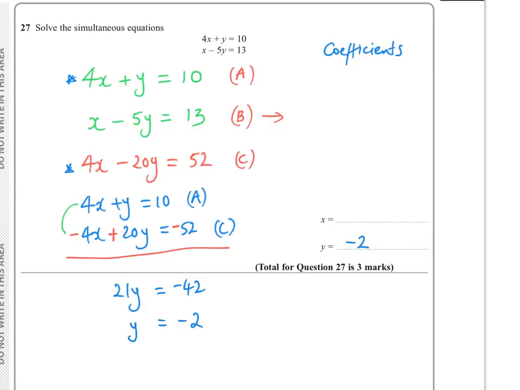The nice thing about this is you can then go back to either A, B, C, whichever one you want. I would go into, personally, I think A, so I'd substitute into A, and I would have 4x and my y value, which was -2, equals 10. So that means 4x.